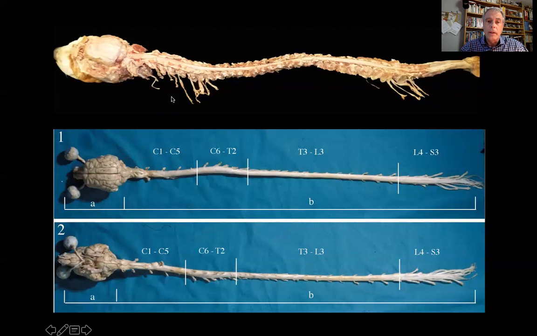We also identify the nerves that form the brachial plexus and the lumbosacral plexus. On these images, we identify the central and peripheral nervous system. I say central and peripheral because the central is formed by the encephalon and the spinal cord, and the peripheral nervous system is formed by the roots of the cranial and spinal nerves.